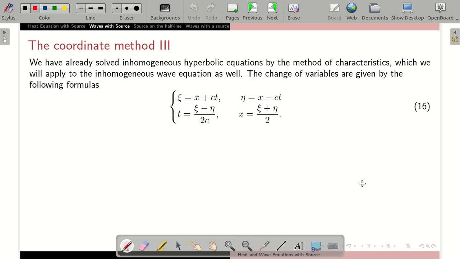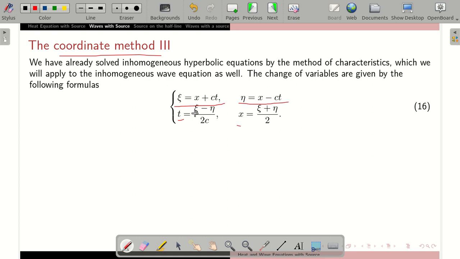So now the coordinate method comes. We have already solved the equation by writing the canonical form, and you use the transformation xi equal to x plus ct and eta equal to x minus ct. Solve these two equations for t and x: just add and subtract.